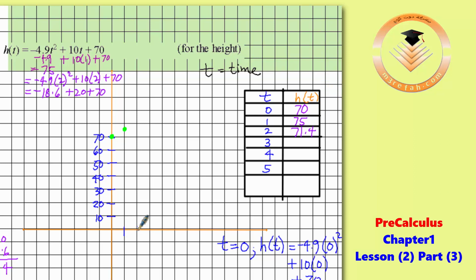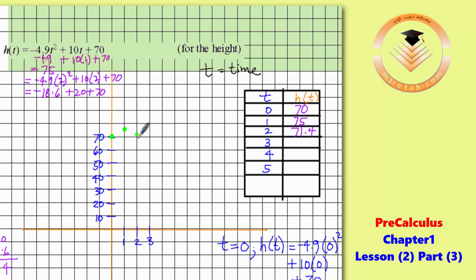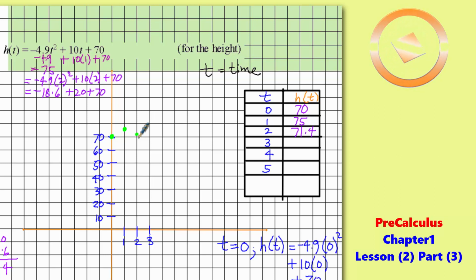So this is 1, 2, 3. Where's 70.4? It's somewhere near your 70. So as you can see, if you follow the same progress as I did and plug in the t values for your function h of t, the graph will just go down, because this is a projectile.